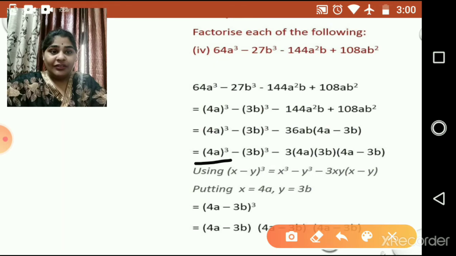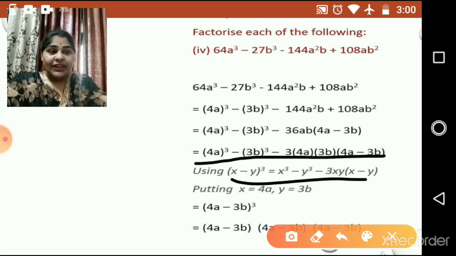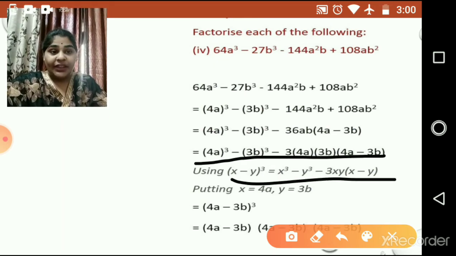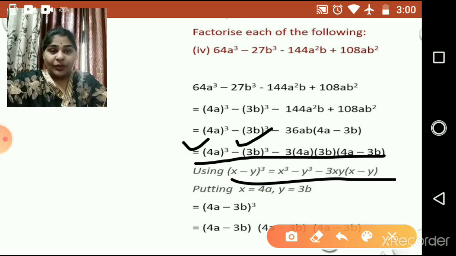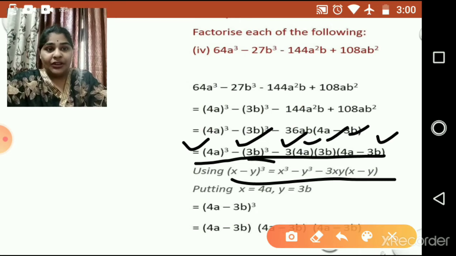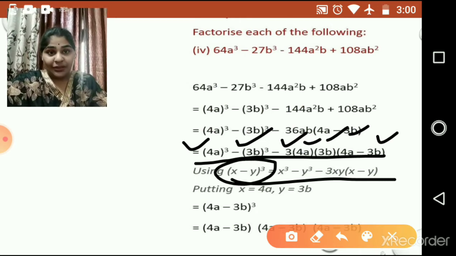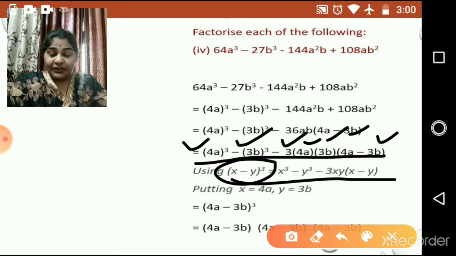So now comparing what we got with our identity, that is (x - y) whole cube. It is in the form of x cube minus y cube minus 3 into x into y multiplied by (x - y). So hence we can say that this is equal to (x - y) whole cube.